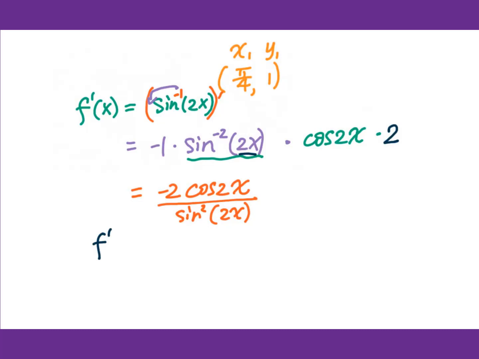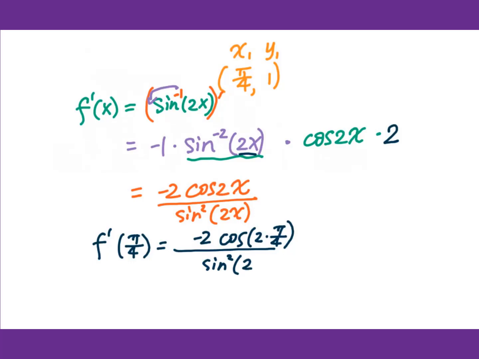Now we will plug pi over 4 into this derivative function. You will get negative 2 cosine of 2 times pi over 4, over sine squared of 2 times pi over 4. 2 times pi over 4, that is pi over 2. Cosine 90 equals 0, so 0 over 1, that equals 0.